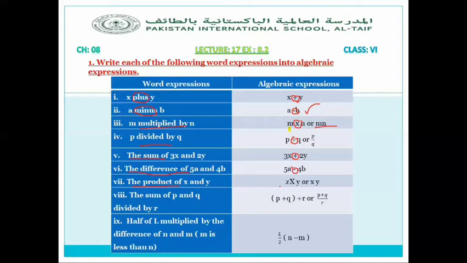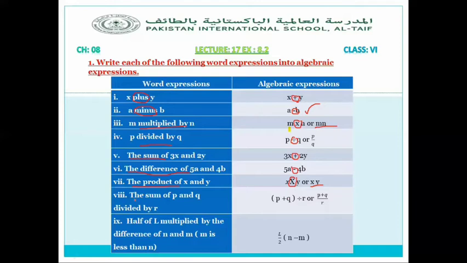So here I have used both patterns: x multiplied by y, which we can write in both ways, x into y or xy. xy carries the sign of multiplication; it is understood.